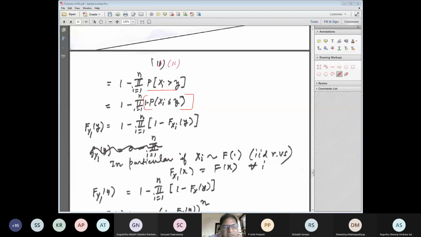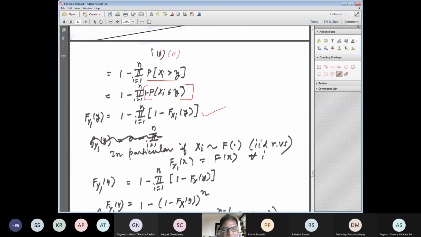Up to this it is fine. Yes. Now the particular case of this is that all the Xi's have the same distribution. So we represent it by F. So F_Xi is equal to F_X for all i.